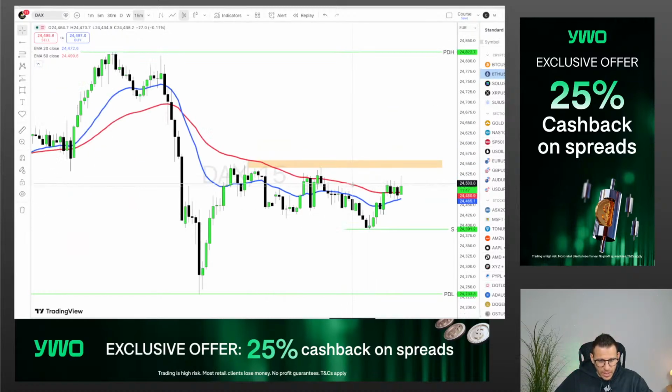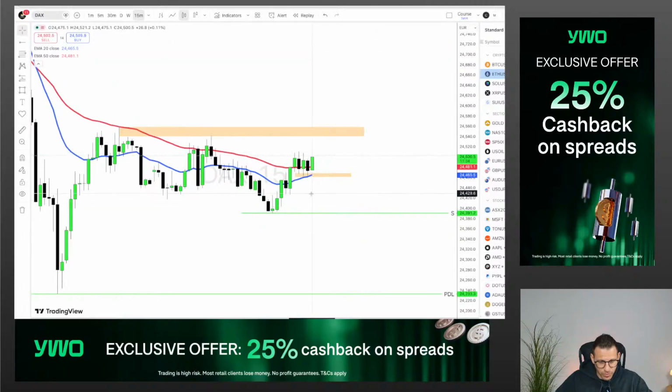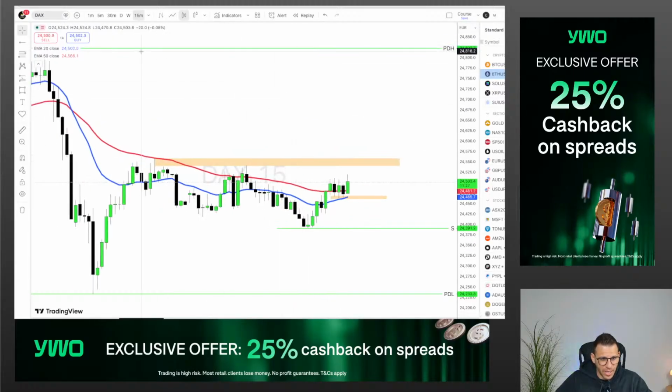To go short on DAX, here is my plan for today. To go short on DAX, I want to see a break below these lows. To go long on DAX, from now, I want to see a break above these highs.